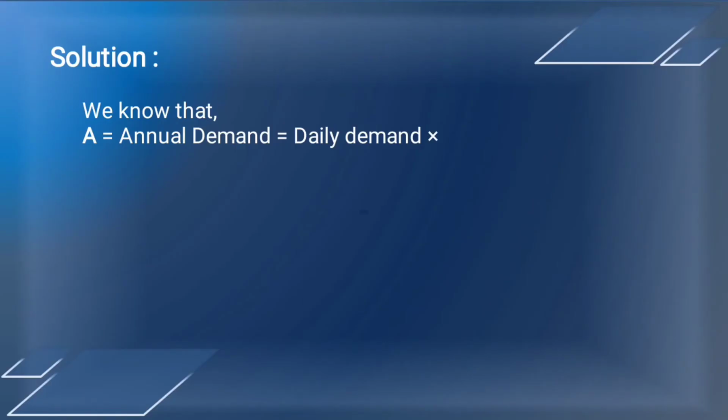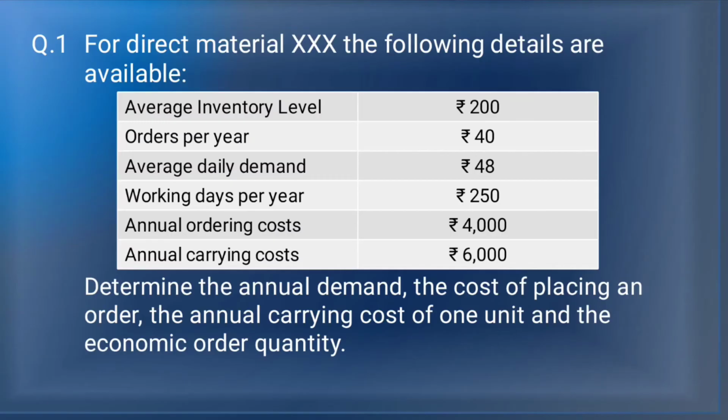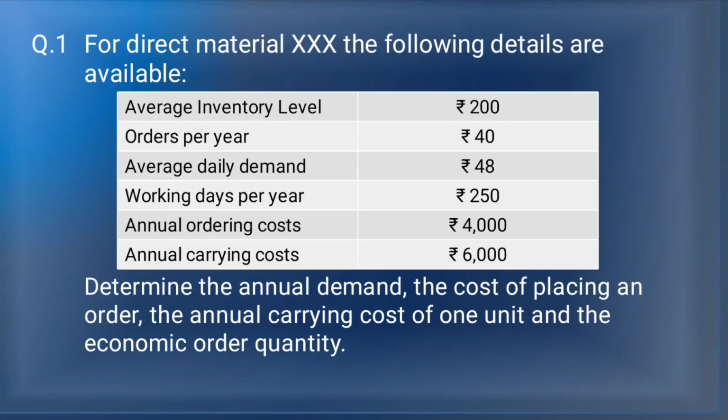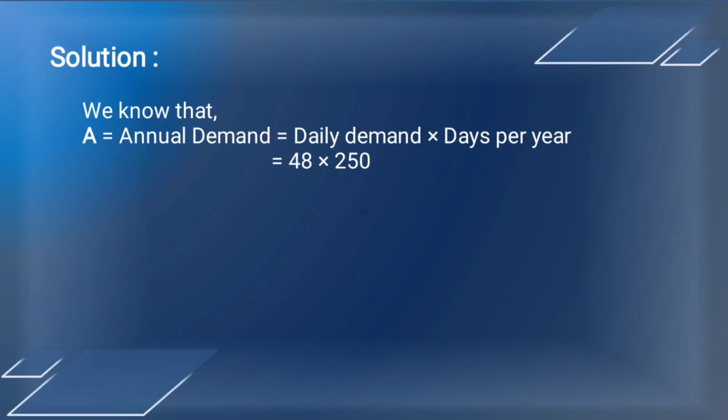So daily demand into days per year, which is rupees 48 into days per year, which is rupees 250, which will be equal to 12,000.